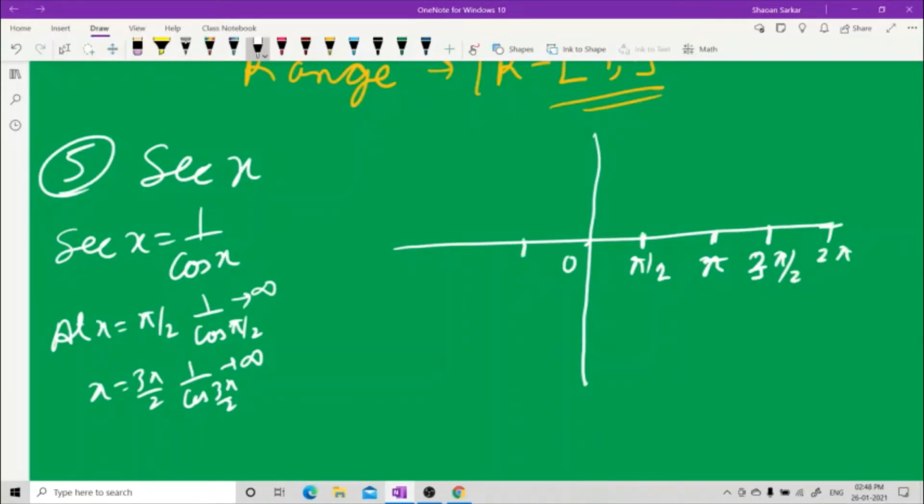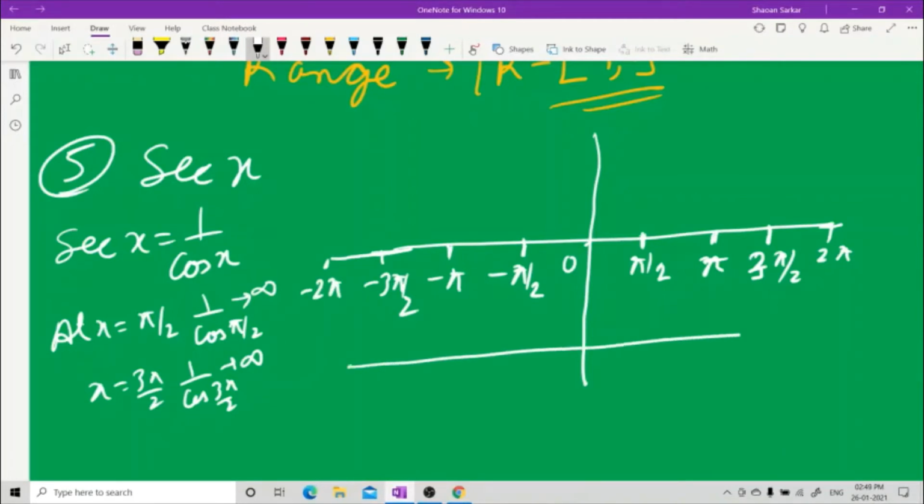Here it is minus pi by 2, minus pi, minus 3 pi by 2, and minus 2 pi. This is the line y equal to minus 1, and this is the line y equal to plus 1.